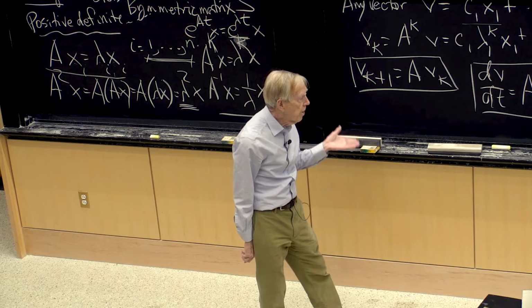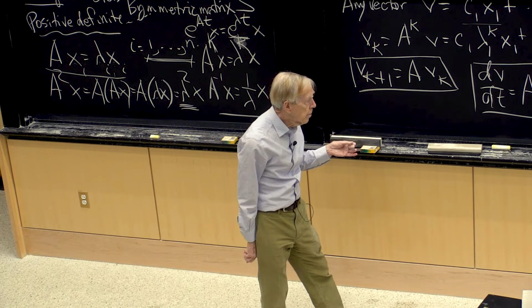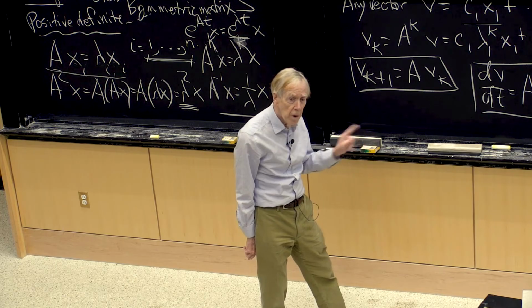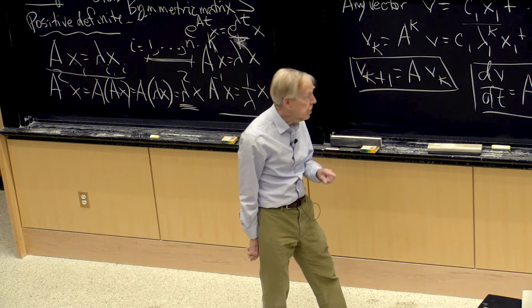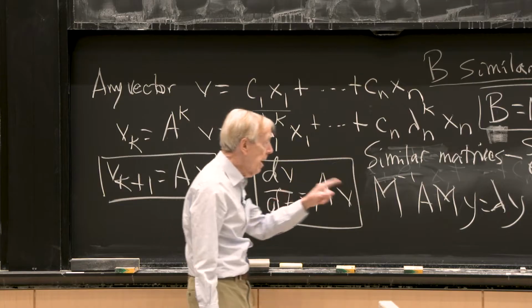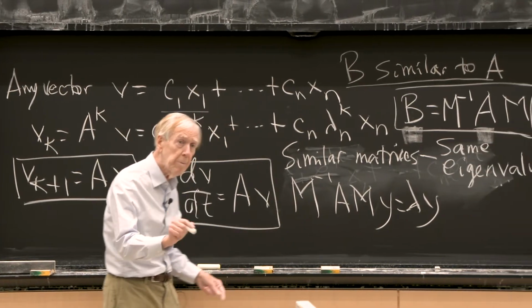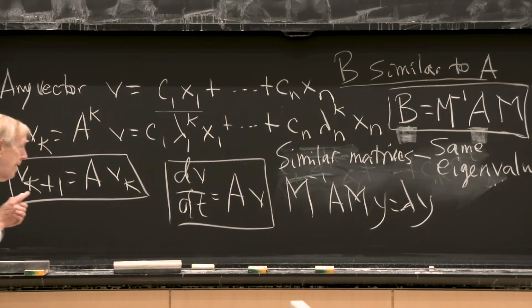Do I want to show that y is an eigenvector also of A itself? No. Eigenvectors are changing. Do I want to show that lambda is an eigenvalue of A itself? Yes, that's my point. So can we see that? There's not a lot to do here.